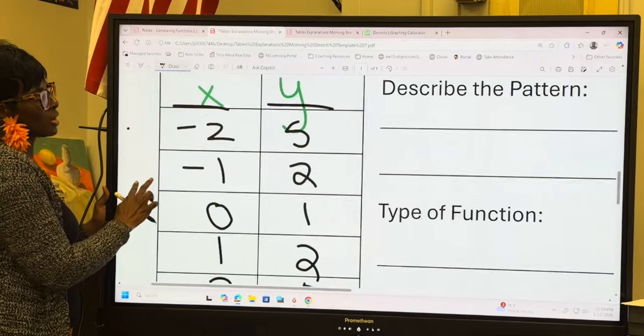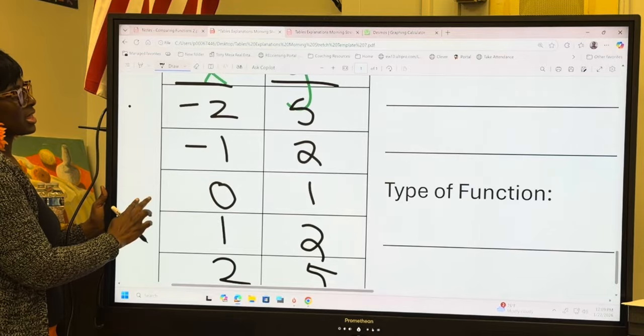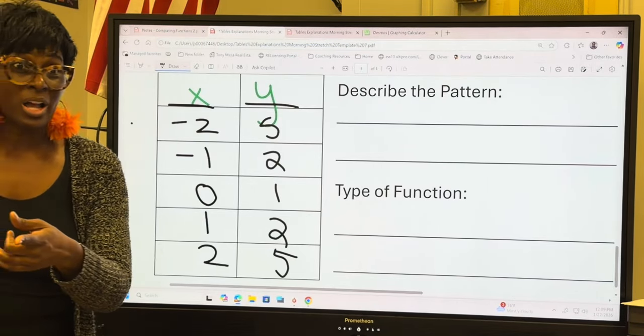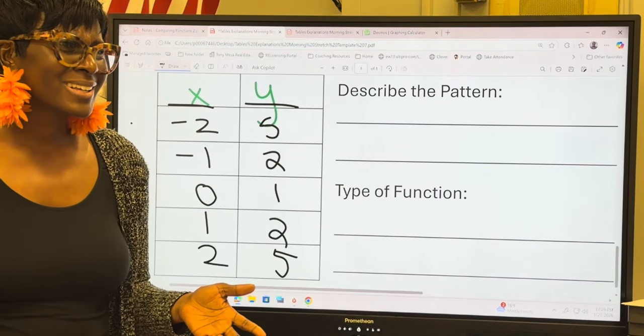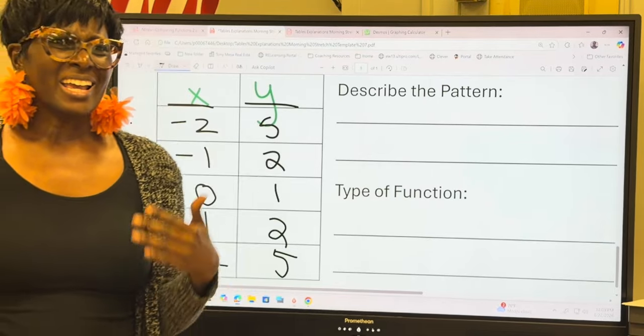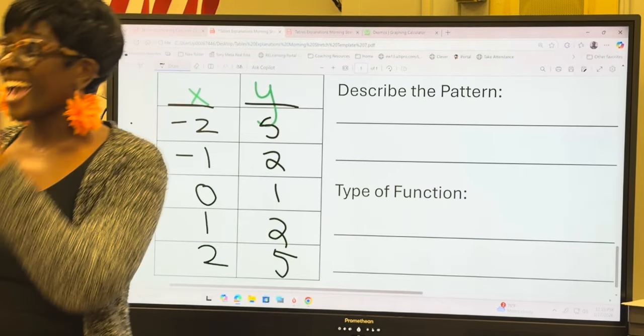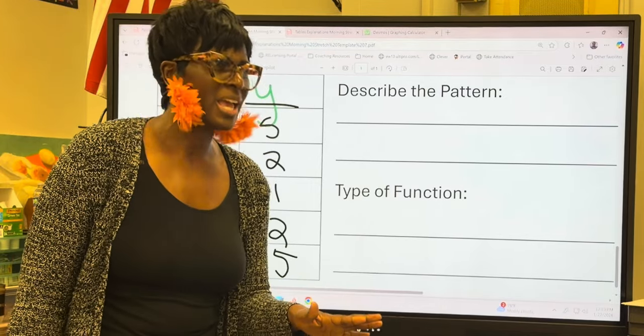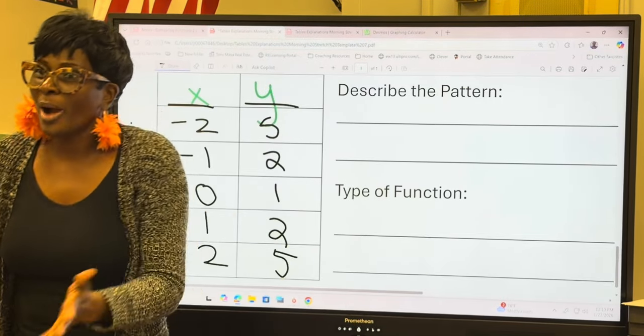What do we think when we first see this? It could be absolute or quadratic. Why? Because it increases and decreases. It does both. It changes direction.